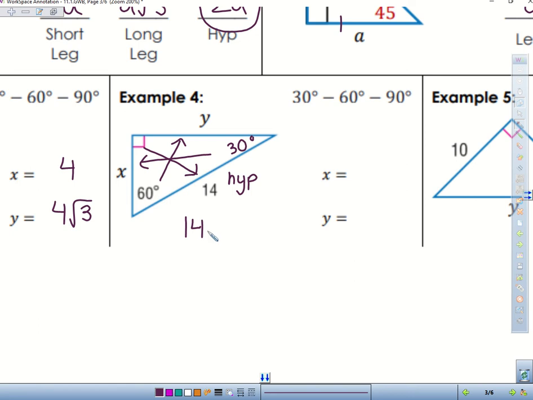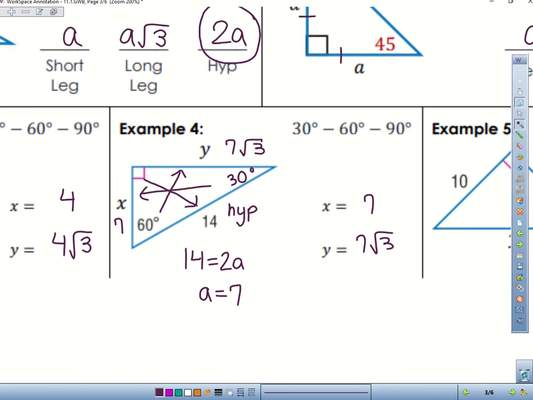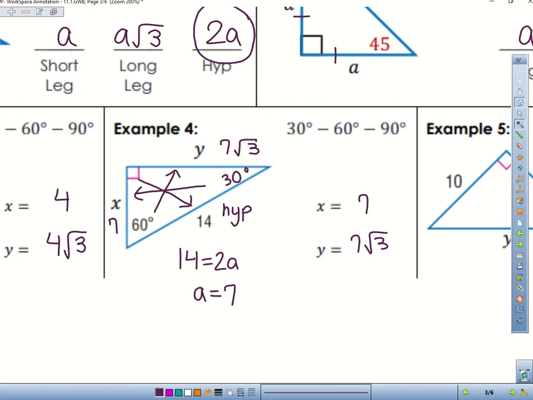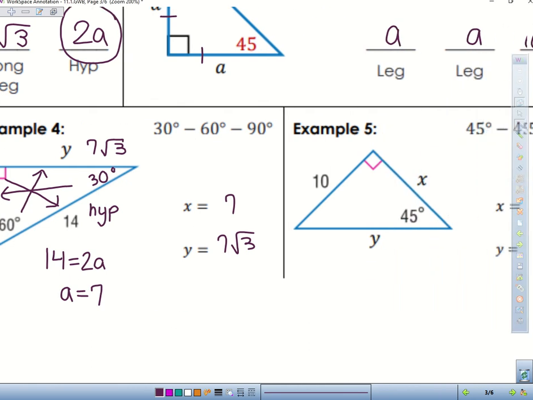So I can set it equal to its formula, 2A, which means A is equal to 7. So my short leg is 7, and my long leg is 7 radical 3. You get the gist of it? I have a question. Why is it radical 3? Because the formula says that to find the long leg, we take whatever A is and multiply it by radical 3. Okay. Anyone else?